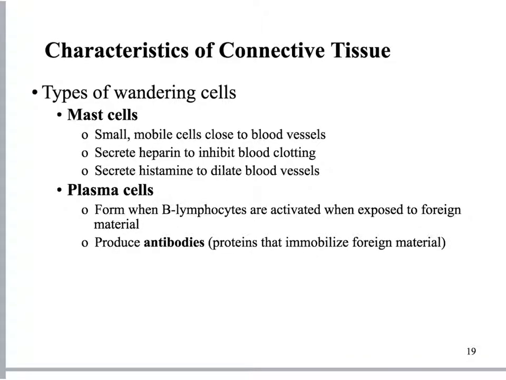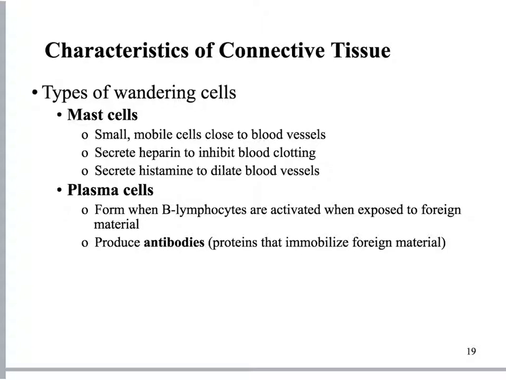Mast cells are one type of wandering cell. They're an immune cell. They pretty much stay close to blood vessels. They secrete histamine to dilate blood vessels. So mast cells are important for your allergic reactions, right? I'm allergic to cats.